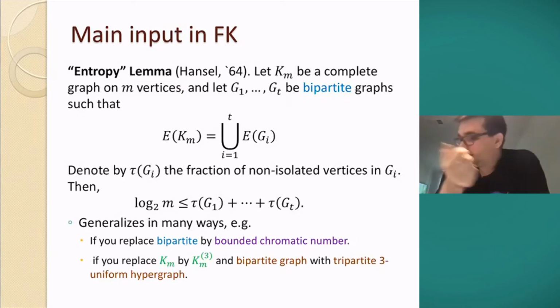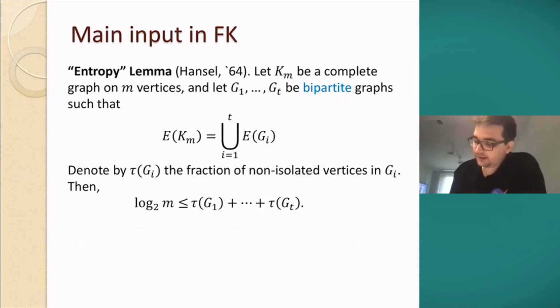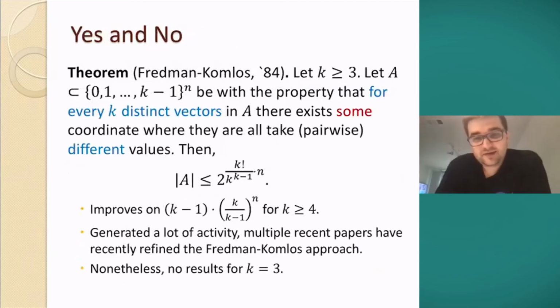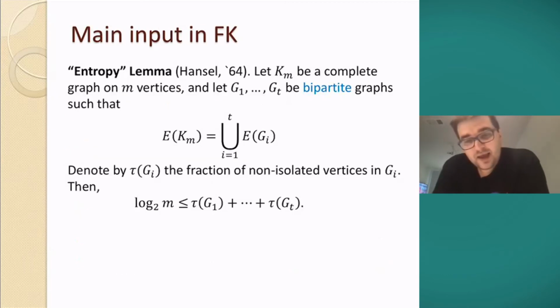And the reason I wanted to bring this up is that it's not just that their result gives something worse for K equals 3, but this entropy lemma actually recovers the silly inductive bound too. Perhaps that's not really a surprise.